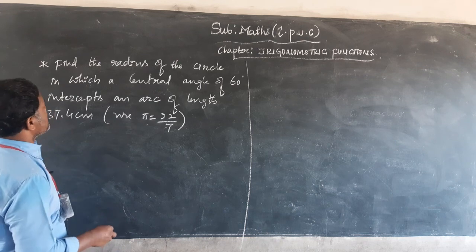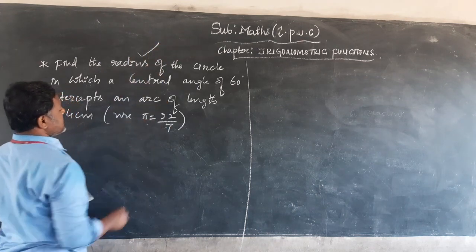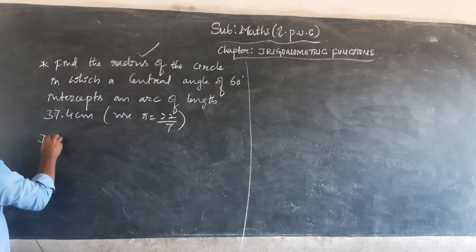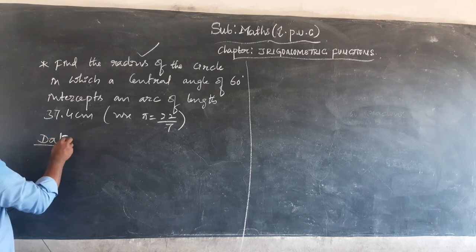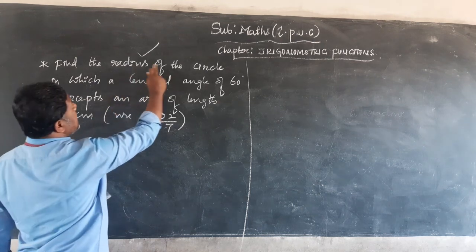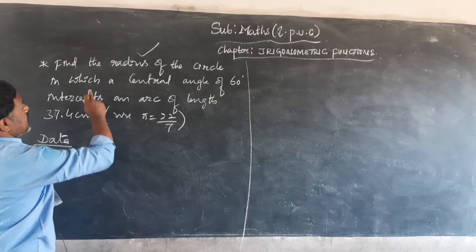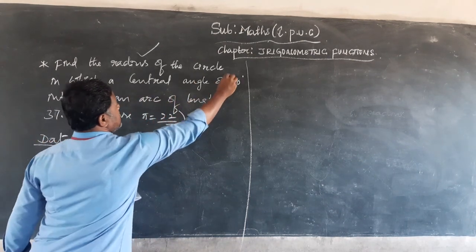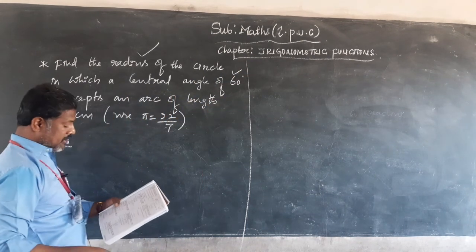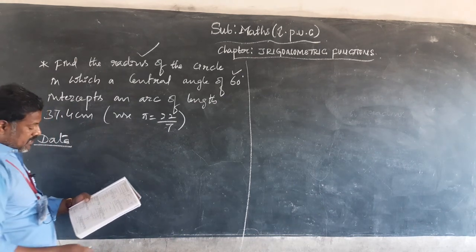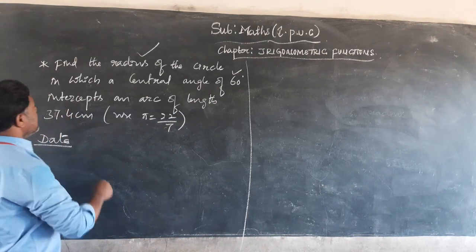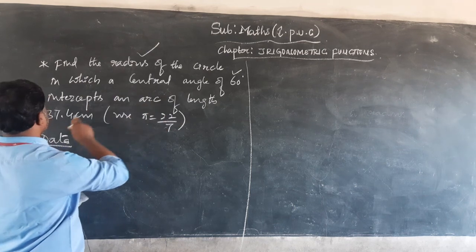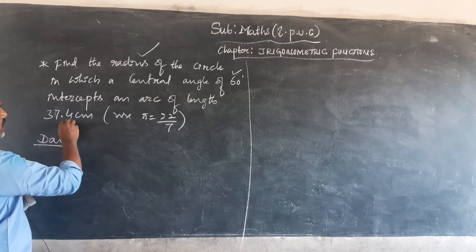So here we should find radius of the circle. Let us take down the data what they are given us. We should find radius of the circle in which central angle, theta value 60 degree, intercepts an arc of length. They are given us L value also.